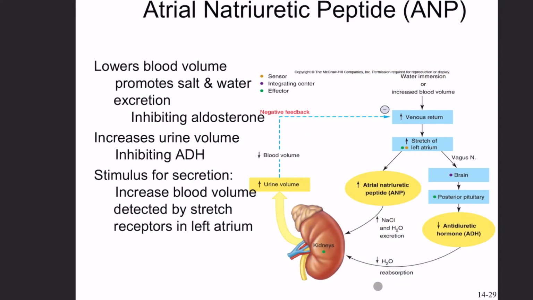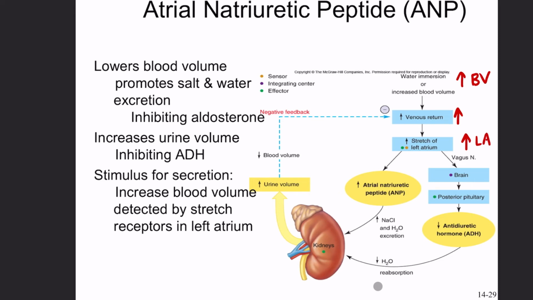The last hormone we have here is called atrial natriuretic peptide, ANP, and it's going to be antagonist to aldosterone. It's going to do the opposite of aldosterone. And so increased blood volume, which means there's going to be increased venous return, which means there's going to be increased stretching of the left atrium.